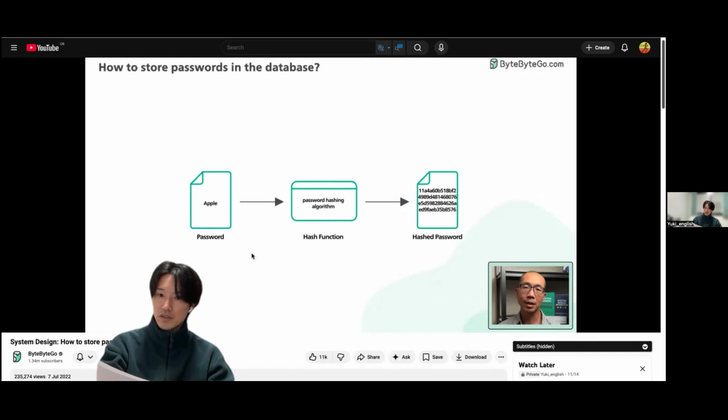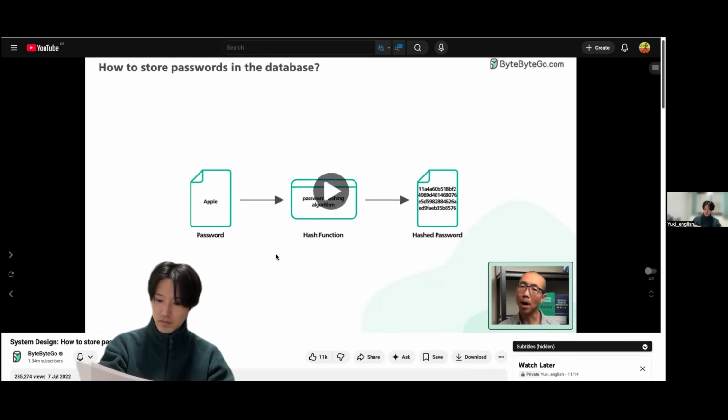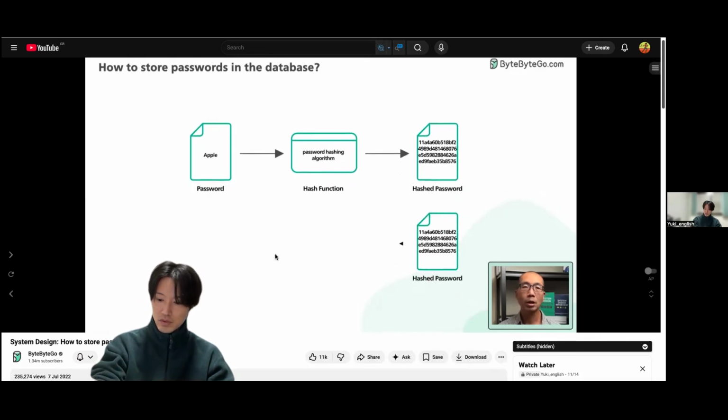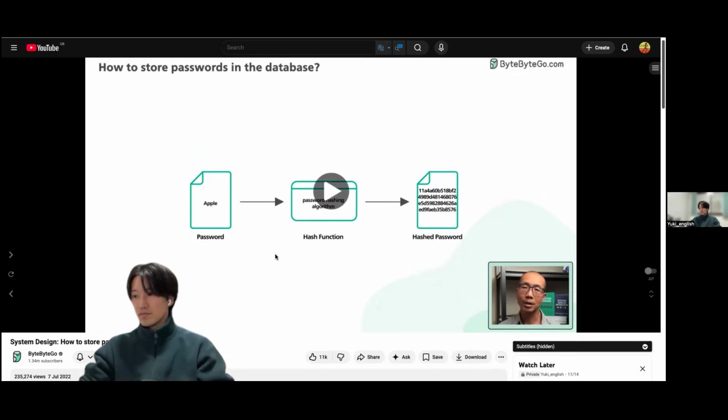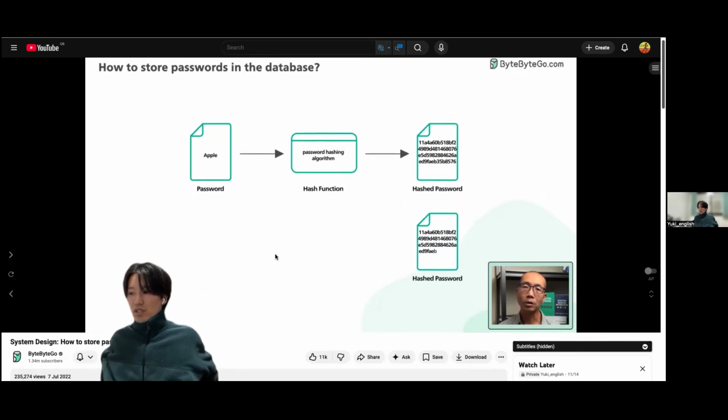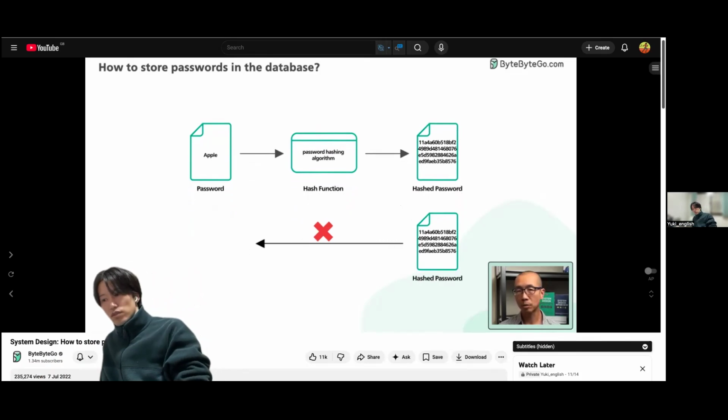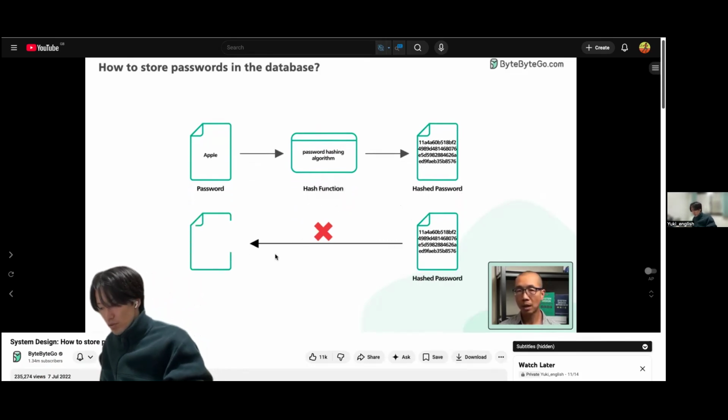Okay, let's start where we left off. It is impossible to decrypt a hash to obtain the original value. To obtain.